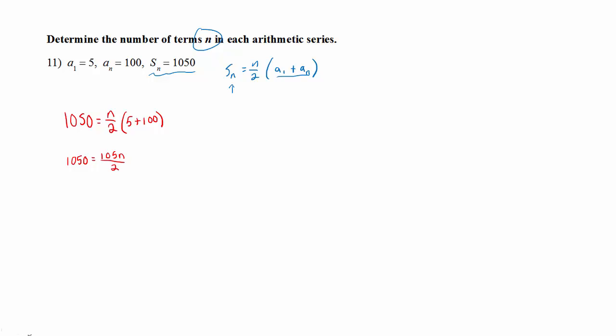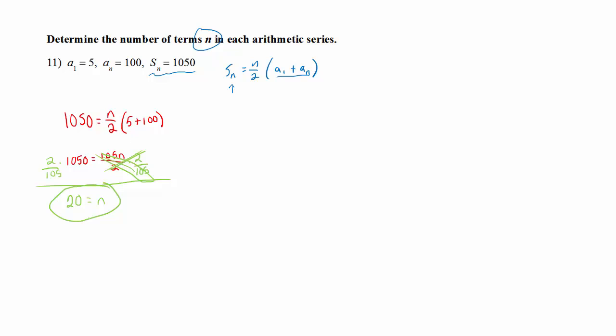And so to get rid of 105 in front of that n, we would do 2 over 105 on both sides, because that's how that cancels. Like that cancels the top and the bottom. So that ends up giving us 20, if I'm not mistaken, because 1050 divided by 105 is 10, and then you times it by 2. So n is 20.